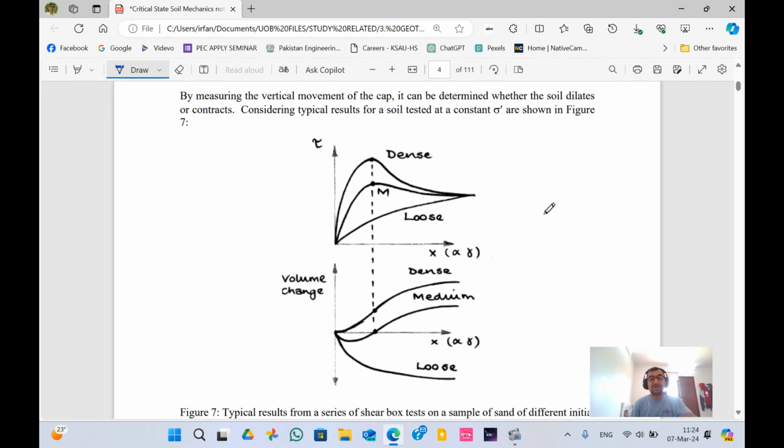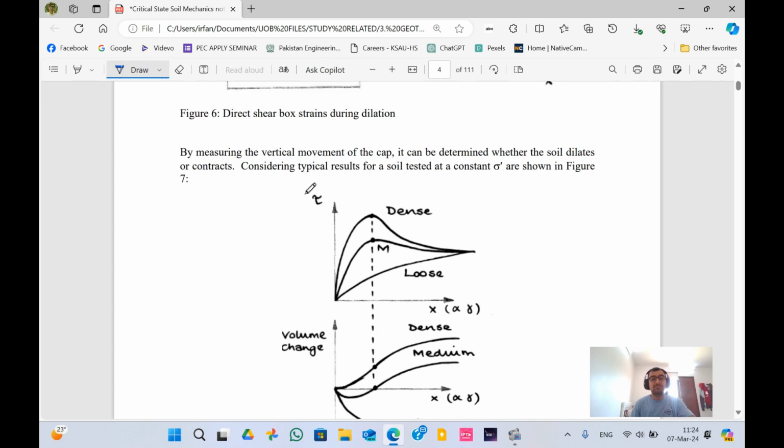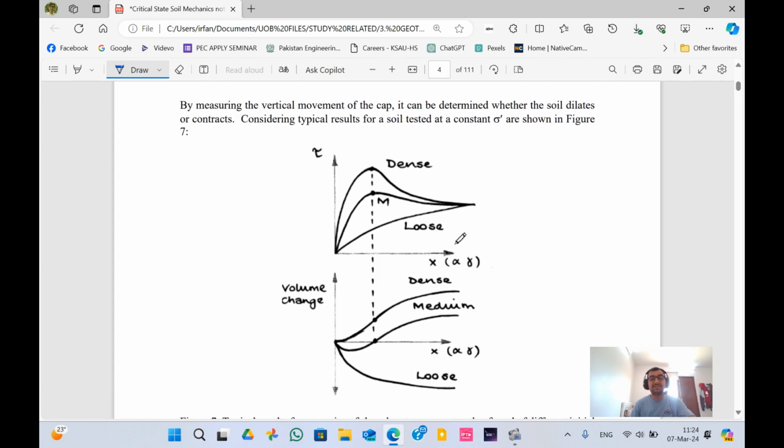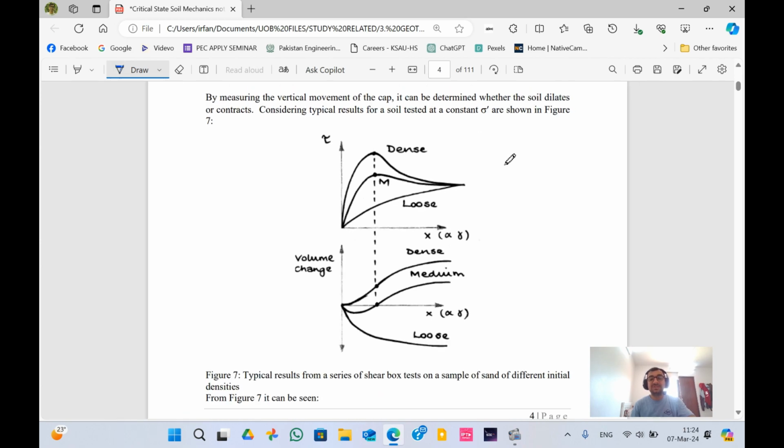If we look at the graphs, these are the graphs that have been obtained by testing in the laboratory. Now, this is shear stress and this is strain. By measuring the vertical movement of the cap, you determine whether the soil dilates or contracts. Considering typical results, if there is a constant effective stress, this means it is a drained test.